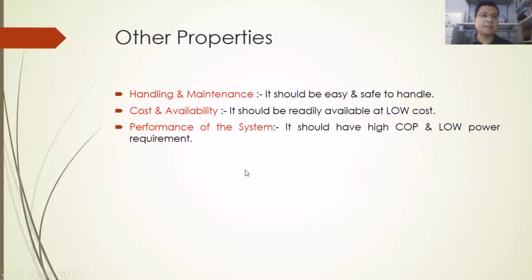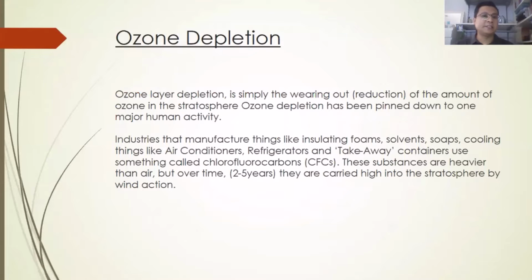Other properties: handling and maintenance should be easy, cost should be low, and the performance of the system should be good. Ozone depletion: it should have no effect on the ozone, because if it affects the ozone, we should ban this refrigerant type.